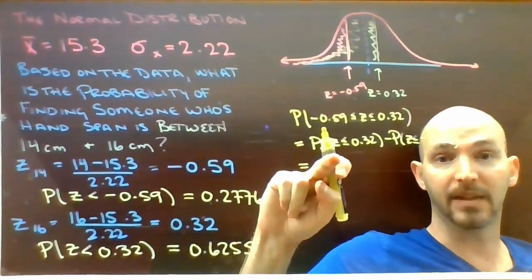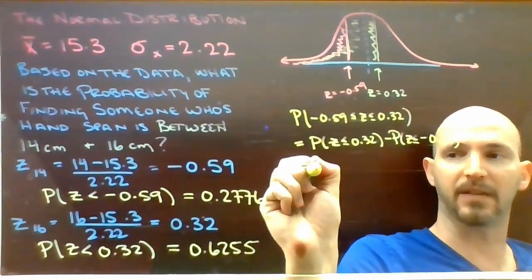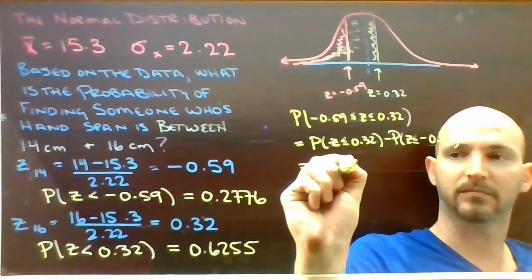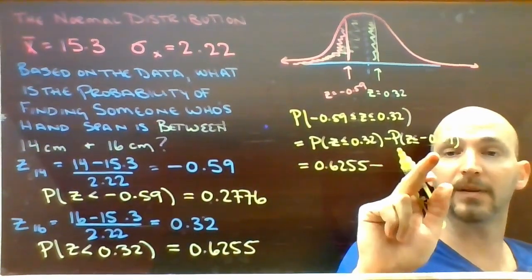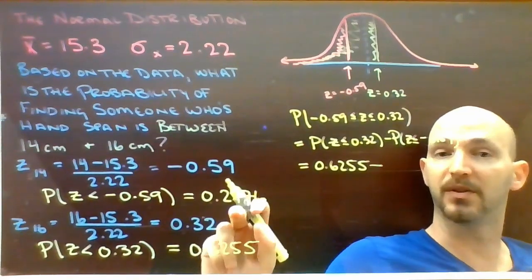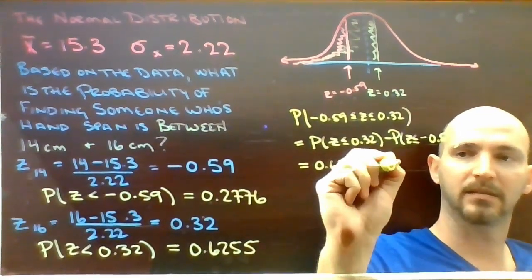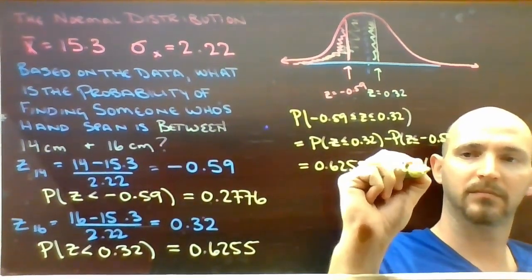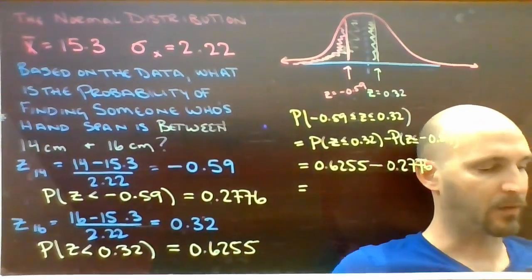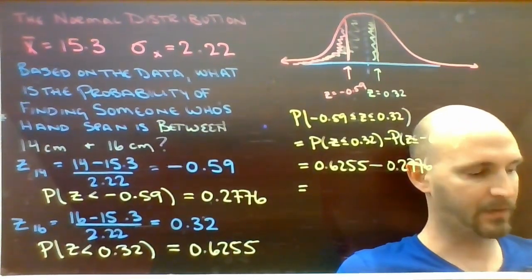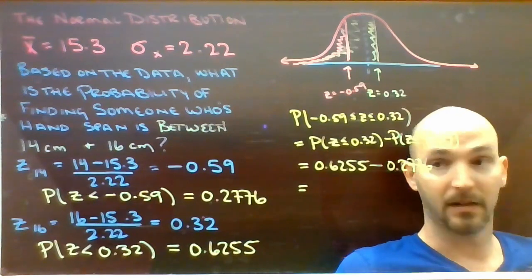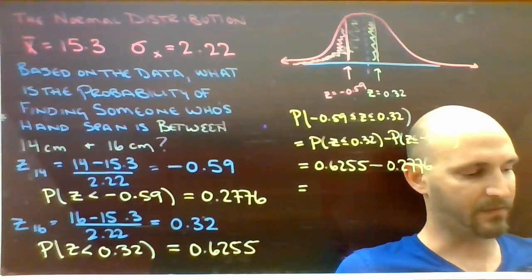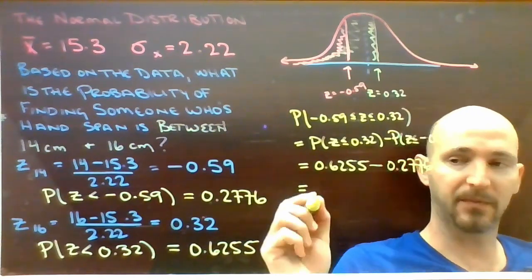Well, I already have this number. It's 0.6255. And I already have this one. It's 0.2776. For a final value of 0.6255 minus 0.2776, I get 0.3479.